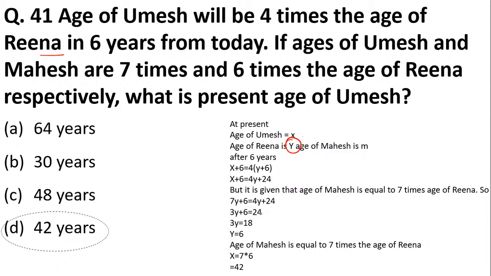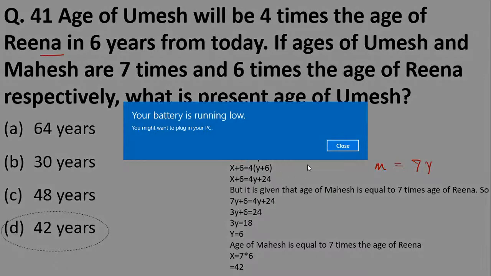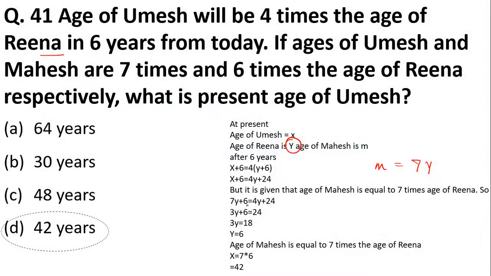But it is given that the age of Umesh is equal to 7 times that of Rima. So the age of Umesh is 7 times the age of Rima. So Rima is Y. So say 7Y plus 6 is equal to 4Y plus 24.